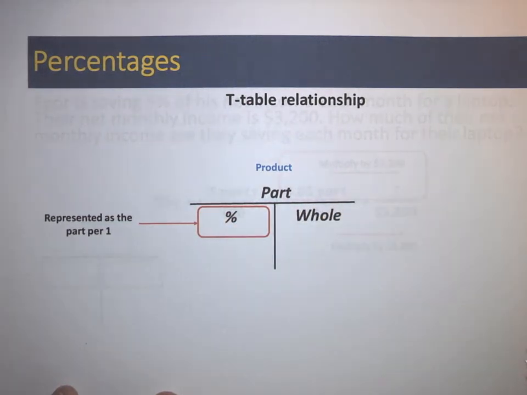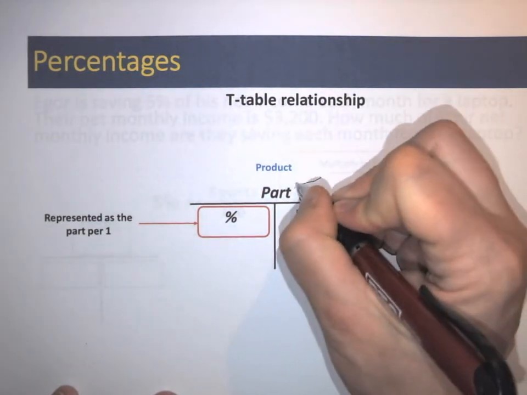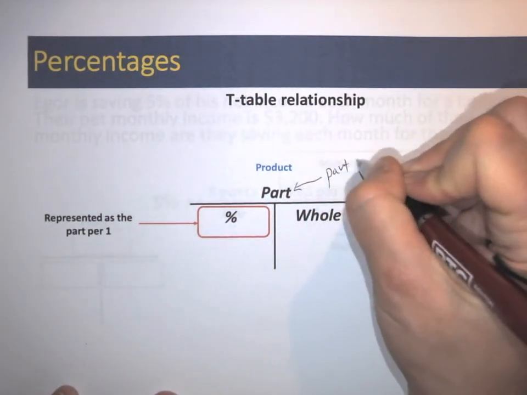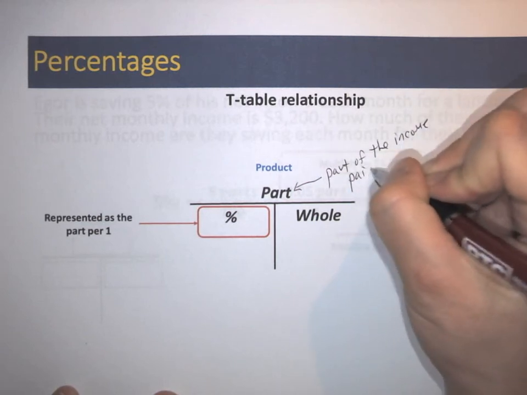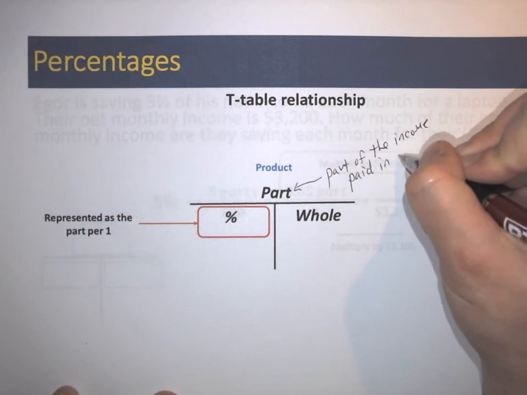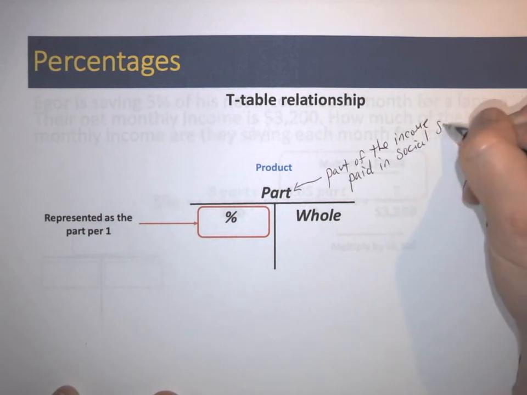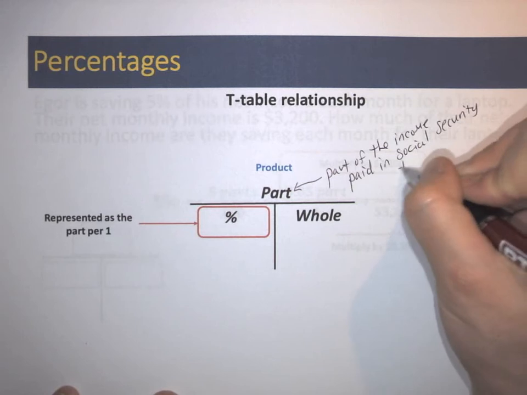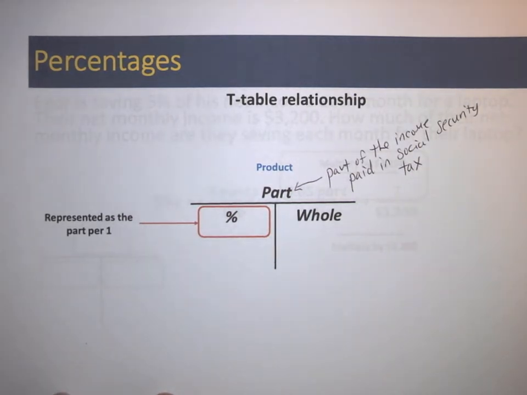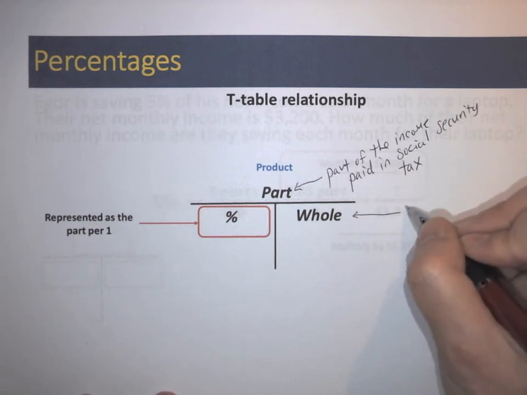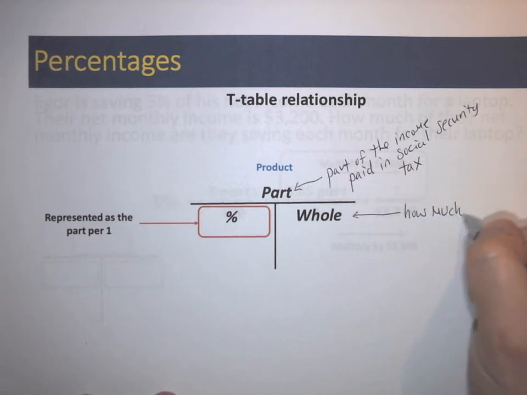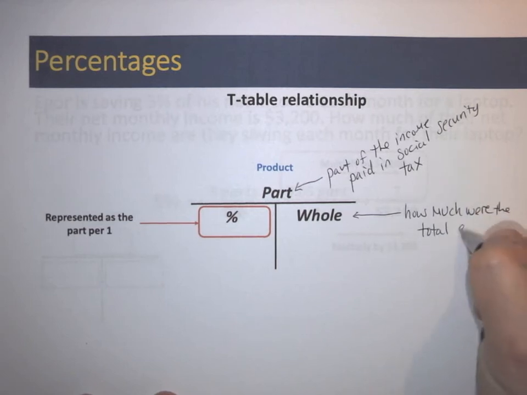So remember, in the last example, the part was the part of the income paid in, that was Social Security tax that time. So what part of the income was paid in Social Security tax? The whole, or the whole thing, was how much were the total earnings. So the whole thing, all of it.